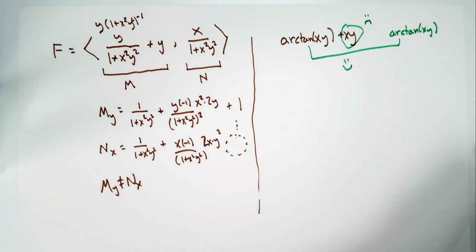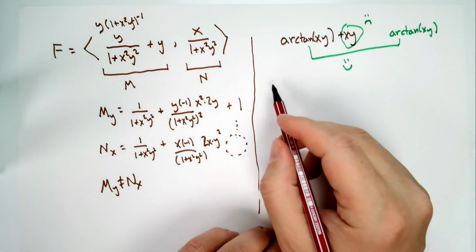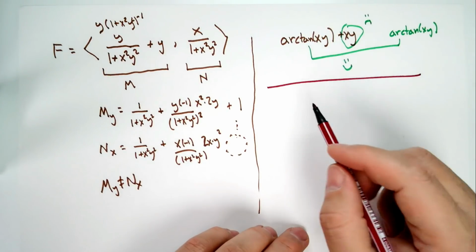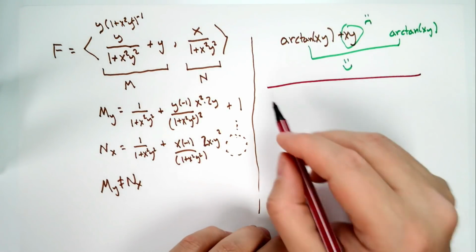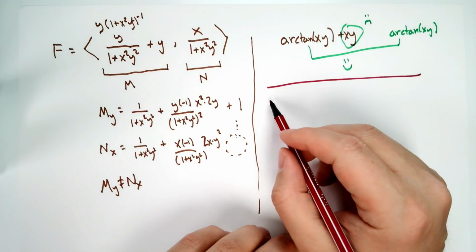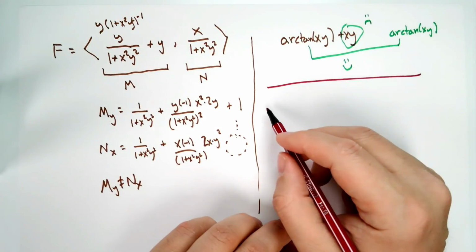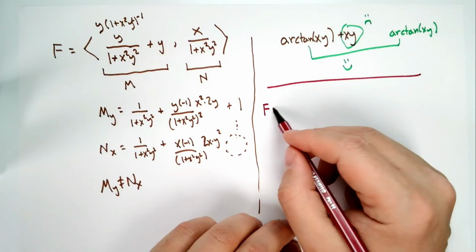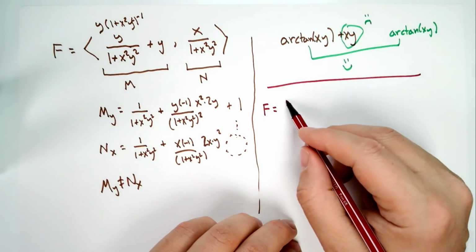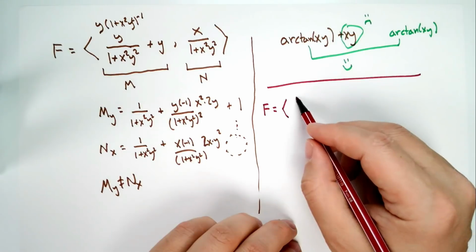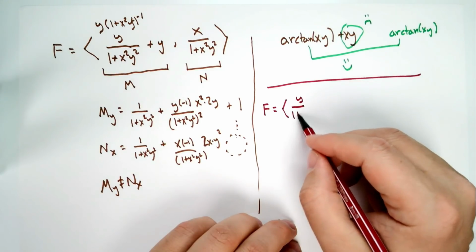Now, at this point, you're probably thinking, okay, is all hope completely lost with this function? And I would say no. One thing you can do, and this is one thing to look for, is you can say, well, maybe it's partly conservative. It's not all conservative, but maybe part of it works really nicely. So you can think of the function as two parts.